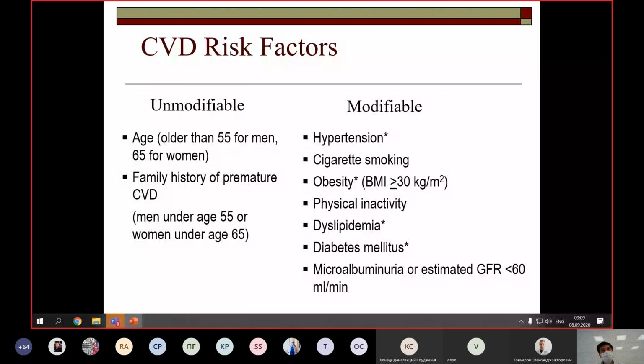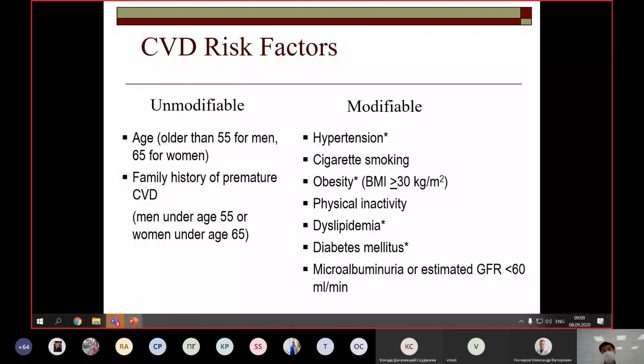Prior to a close discussion about medicine for the patient having arterial hypertension, please recognize that there are at least two types of factors contributing to the natural evolution of arterial hypertension. According to WHO experts, all these factors are divided into two groups: the unmodifiable and the so-called modifiable. Unmodifiable factors include age, older than 55 years for men and 65 years for women, and family history of premature cardiovascular disease.